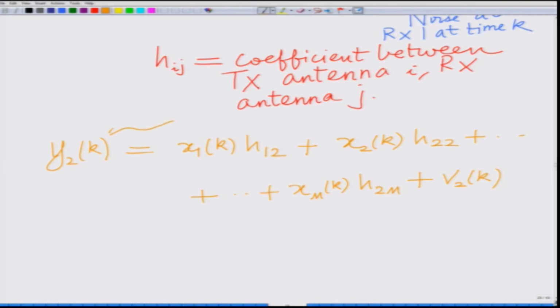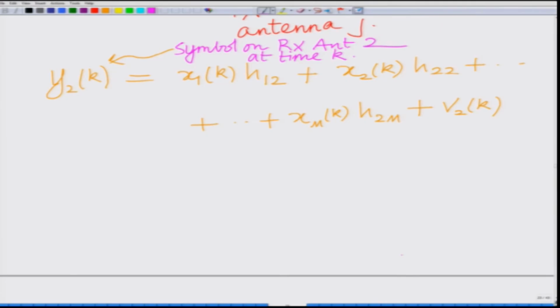Remember, this y2k is the symbol on receive antenna 2 at time instant k, so on and so forth.